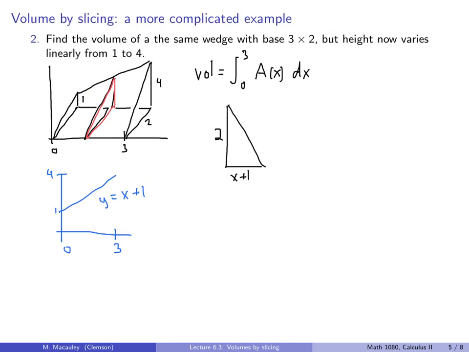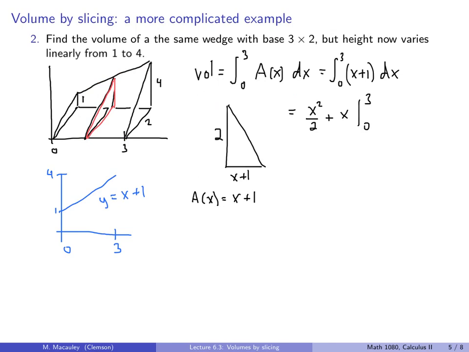So the area of this triangle is 1/2 base times height. That's x plus 1. So this integral becomes the integral from 0 to 3 of x plus 1 times dx. This is something we know how to do. So we get x squared over 2 plus x, evaluated from 0 to 3.